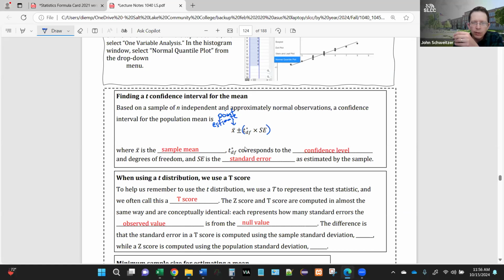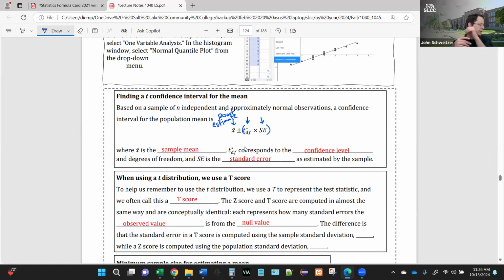So the margin of error, just like in chapter 3, will be a critical score, in this case a t star value, times the standard error for the point estimate. Okay, so it'll be a t star critical score times the standard error.